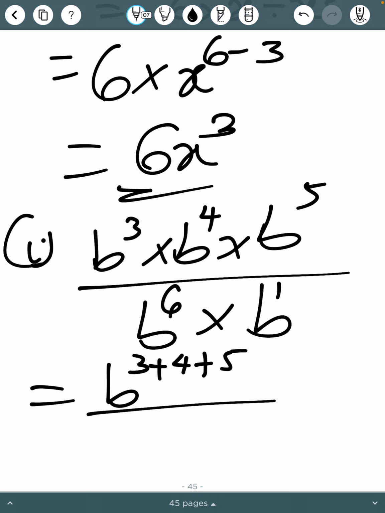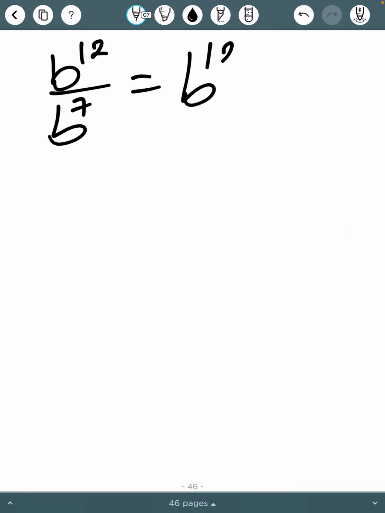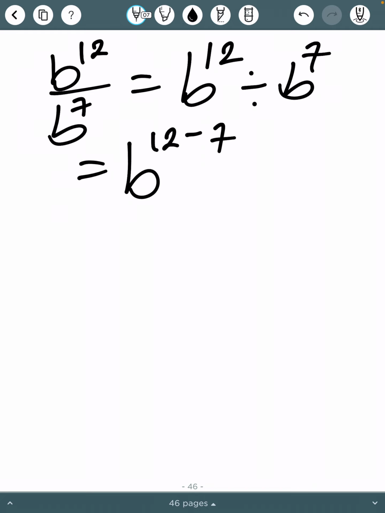Do the same thing to the denominator. b is the same thing as b raised to power 1, so just add 6 to 1. This will give me b raised to power 12 in the numerator, and b raised to power 7 in the denominator. So essentially, I'm dividing b raised to power 12 by b raised to power 7. That gives me b raised to power 12 minus 7, b raised to power 5.